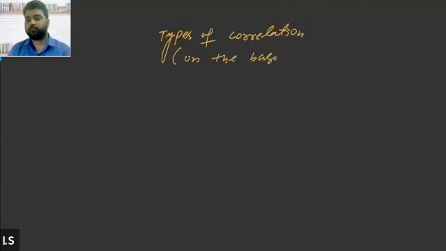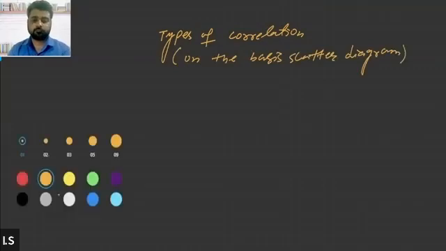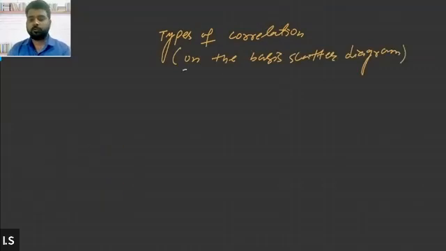Let me explain that part to you. The types of correlation on the basis of a scatter diagram: we can have the perfect positive correlation.